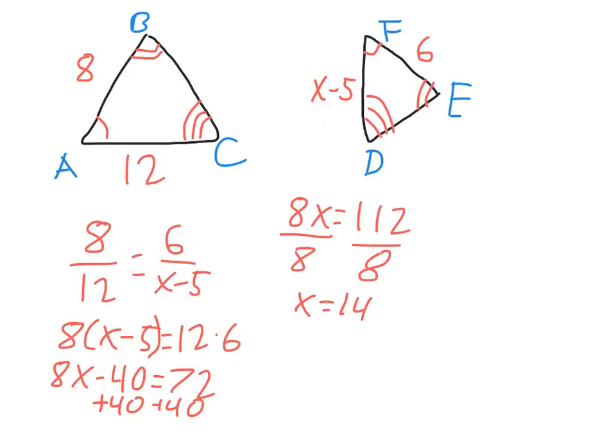Now you want to find out what is side FE. Well, that's going to be x minus 5, or 14 minus 5, which is 9. Now we need the scale factor.